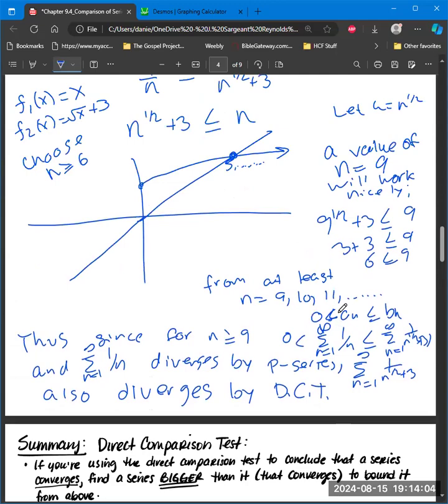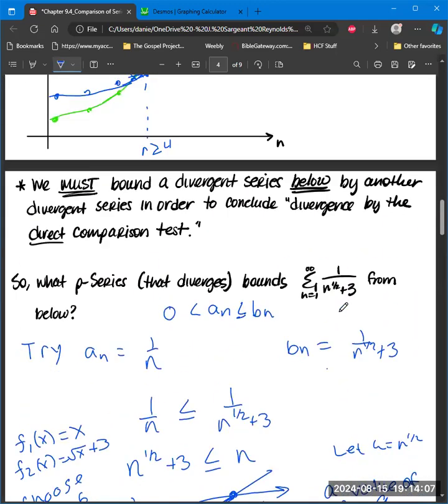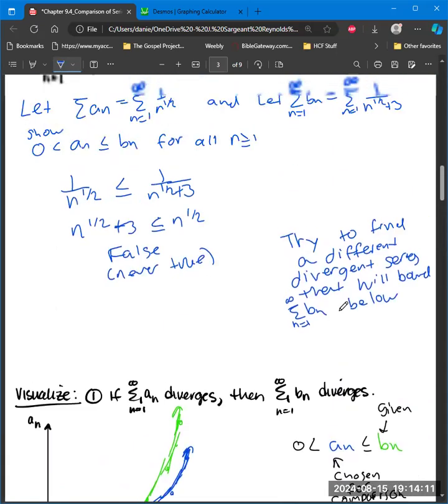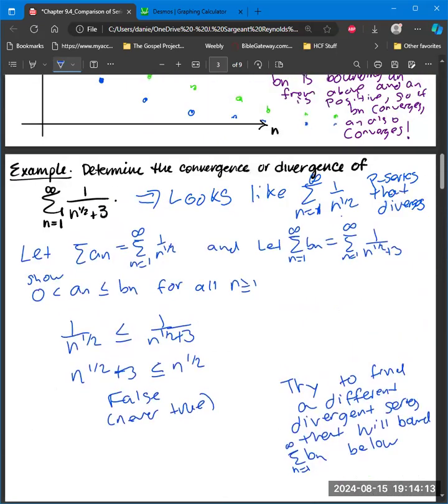Now, I'm going to show you how I would do this problem that I think is easier. Let me show you what I would do to choose my series for this example that we just did.